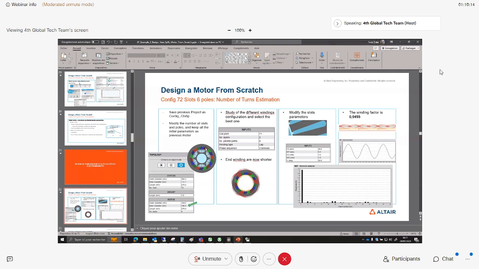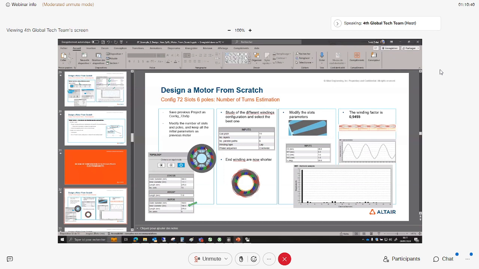And then, since we are going to change the number of slots and the number of poles, we have to make a computation first of the good winding. Then we have to make the same work in order to choose the good winding configuration. So we have to look at the MMF and choose the right one.